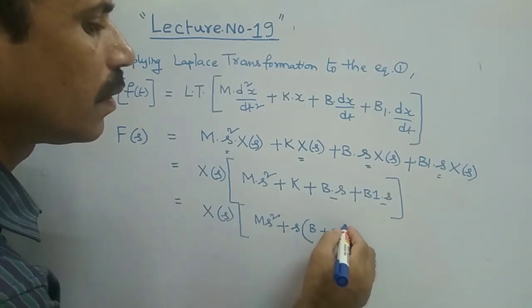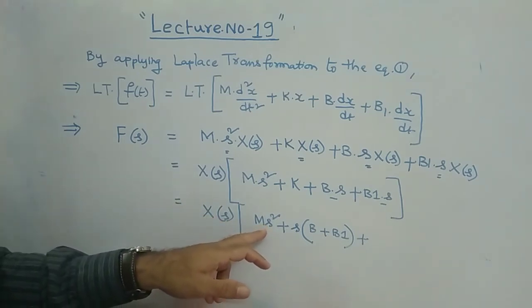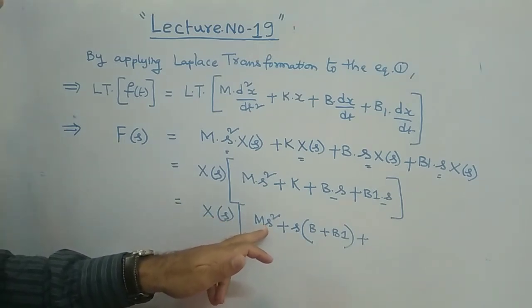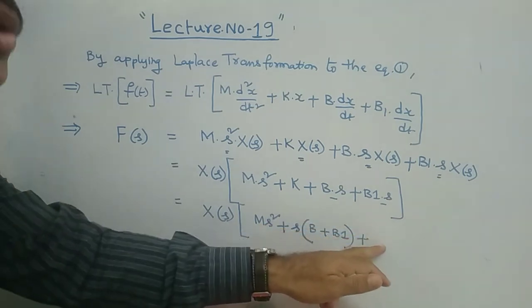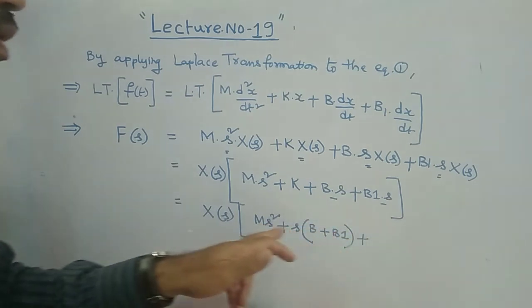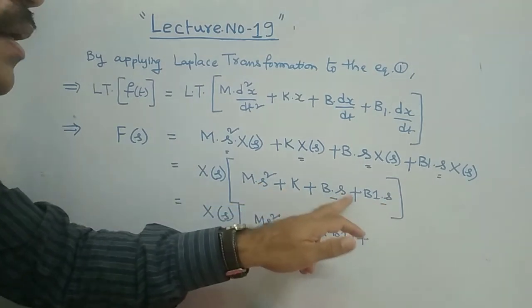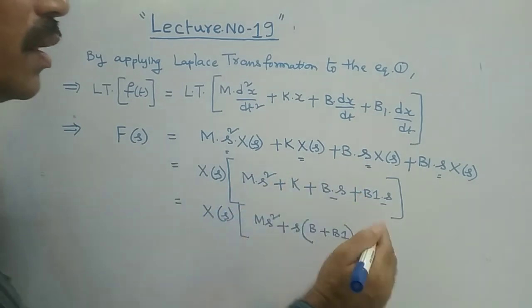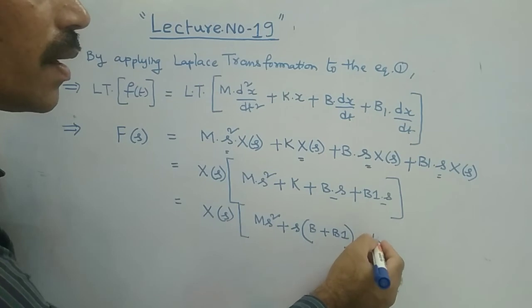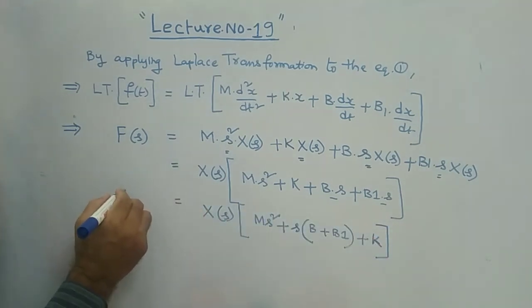Because it is a second order equation in terms of s, first s square, then s power 1, then s power 0 has to come. So m s square I have written first, and in these two you take s as common, then b plus b1, and finally what will remain? k. Close the bracket. This is what your F(s) is equal to.